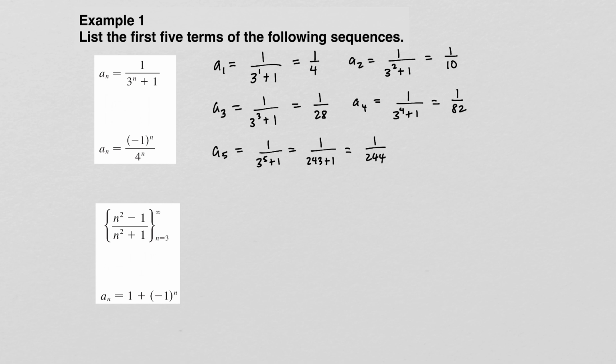And so if we were to simply list the first 5 terms of that sequence, 1/4 is the first term, 1/10 is the second term, 1 over 28 is the third term, 1 over 82 is the fourth term, and 1 over 244 is the fifth term, and this goes on indefinitely.